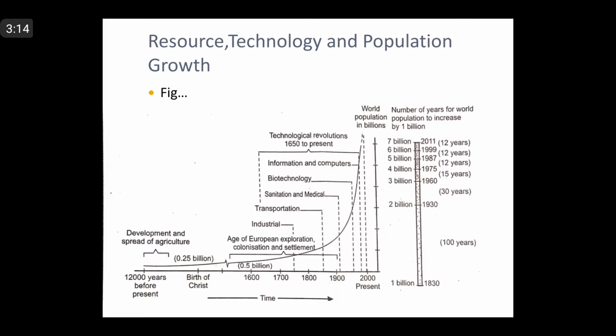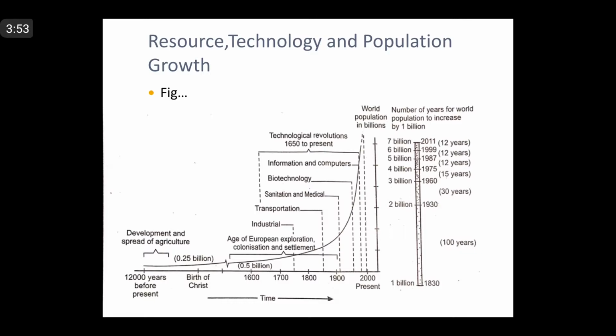You can see here that after the 18th century, major improvements or major revolutions like industrial, transportation, sanitation, then biotechnology, information, computers, and a number of technological innovations have taken place. Population increased basically from the 18th century till date, and these revolutions were in full swing after the 18th century.